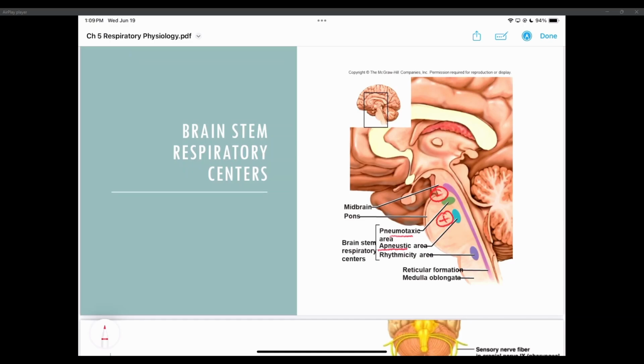If you stimulate the pneumotaxic center, it's going to block any stimulatory input. It's closer up. It's going to have an inhibitory effect and stop any apneustic stimulation in its tracks. So again, we have the inhibitory one right at the end so we can block any stimulation to provide that negative feedback.